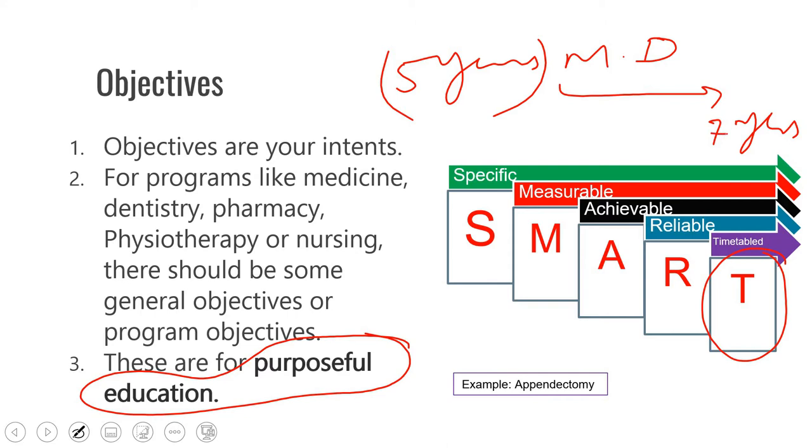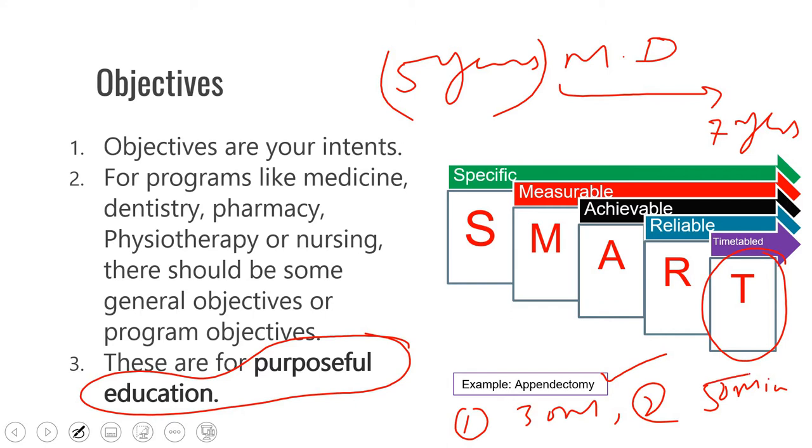Another example of SMART is a classical, general case of appendectomy, where one surgeon performed the surgery in 30 minutes and the other surgeon performed it in 50 minutes. Both are normal cases, and the allocated time is usually 30 minutes.